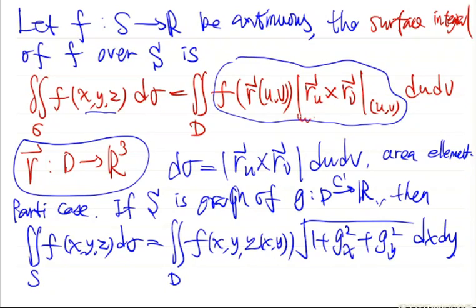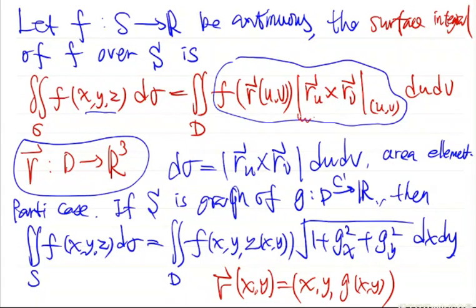Okay, for the graph of a function, we know that the corresponding parametrization is r(x, y) = (x, y, g(x, y)), sorry, so this is g, not z.